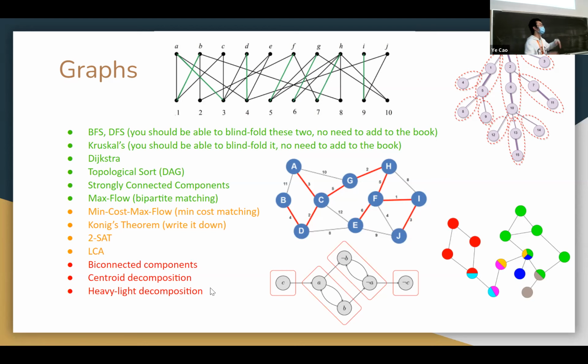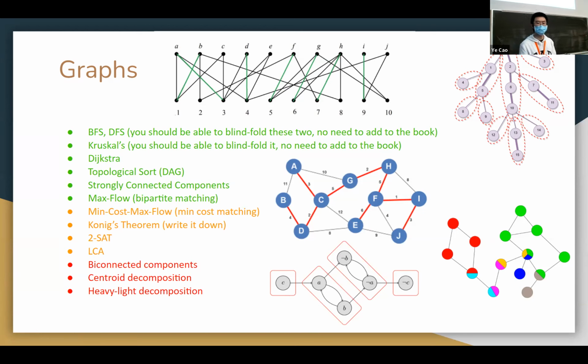Biconnected components in a graph: if I is reachable from J by two different paths, then I and J are said to be biconnected. So biconnected components group the nodes into components such that within each component, two nodes are biconnected.